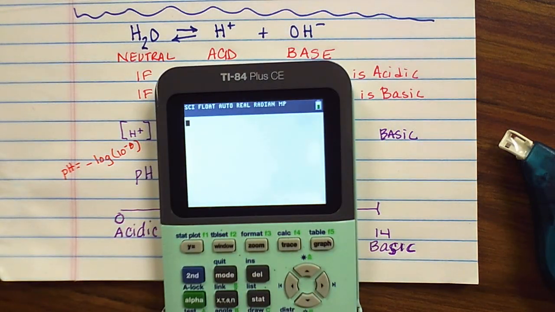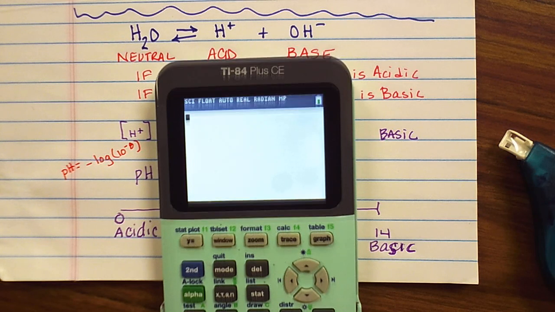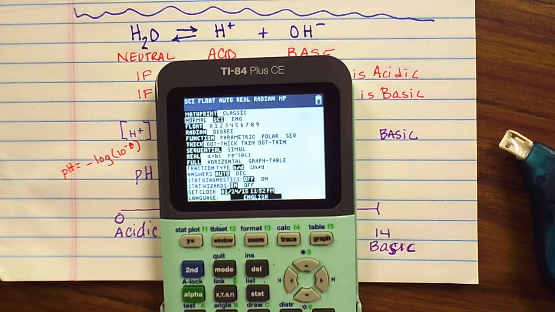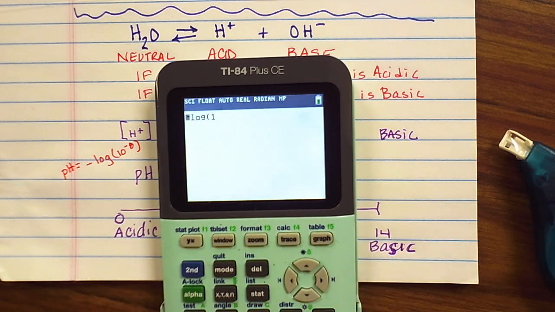So on my calculator, small little minus sign, negative, and then log, and then in that parenthesis, I'm going to do 1, oops, no, not that, sorry, okay, negative log 1, and then I'm going to say E negative 8.